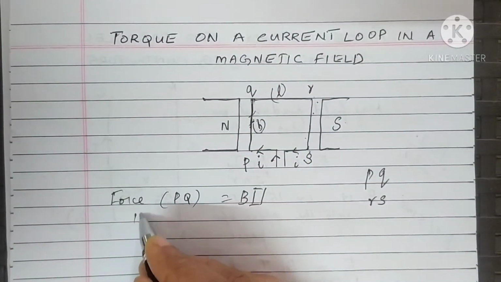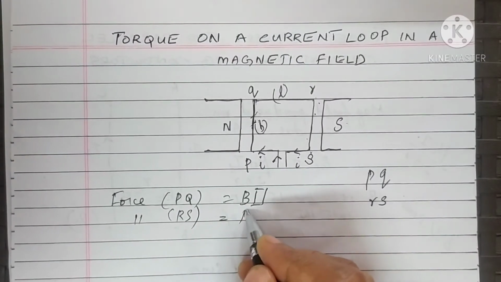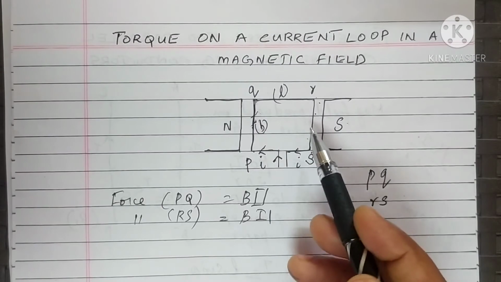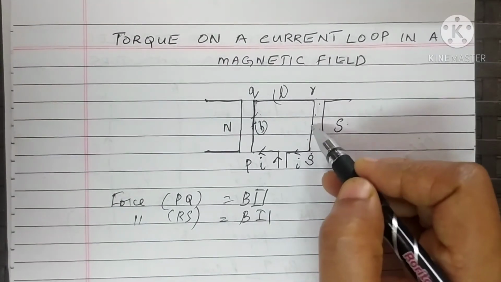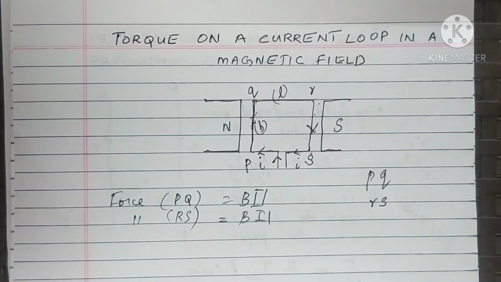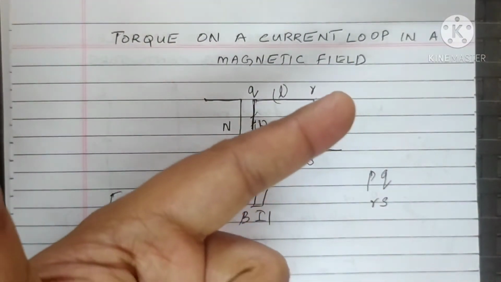Similarly, the force on RS is again BIL, and the direction is perpendicular and out of the plane of paper, because the magnetic field is from north to south, which can be indicated by the forefinger of your left hand.